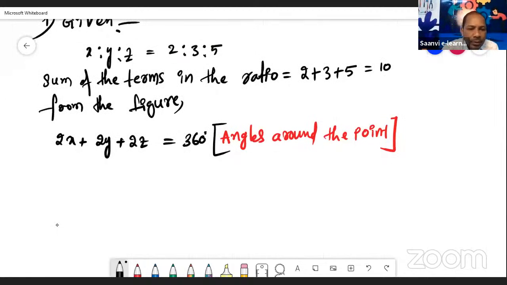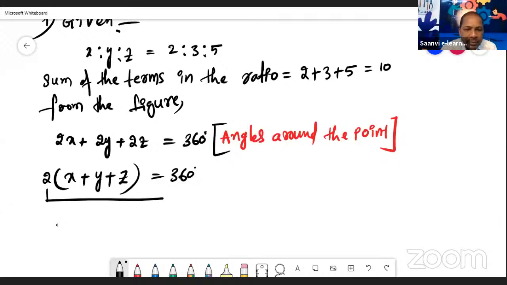Okay. Now here 2 is there, in this 2 is there, in this 2 is there. So take common 2 from this. If you take common 2, here X will be, plus here Y will be, plus here Z will be. That is equal to 360 degrees. Okay. Now this 2 send this side. Here 2 is multiplying, and when we send this side, it will divide.